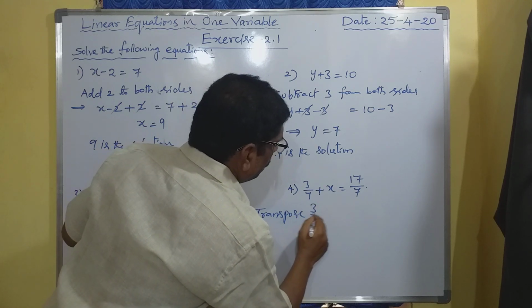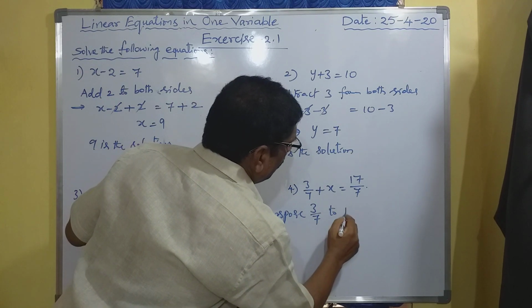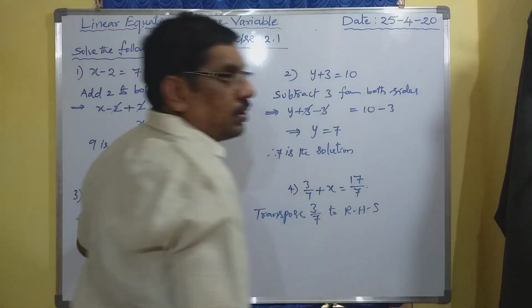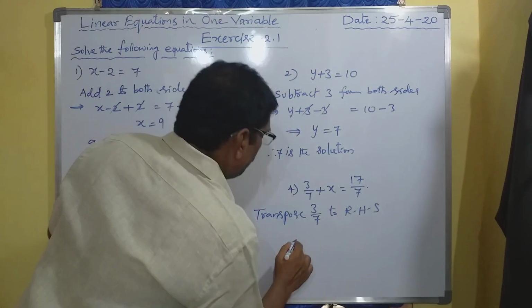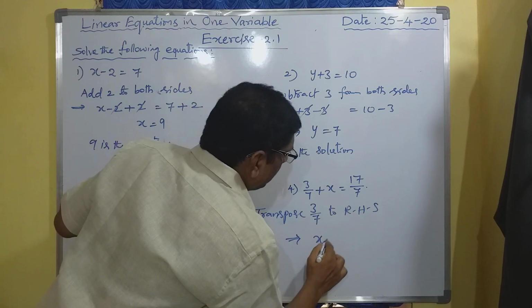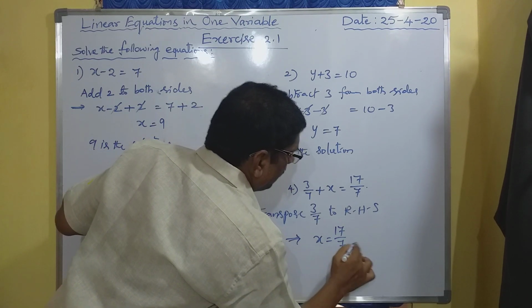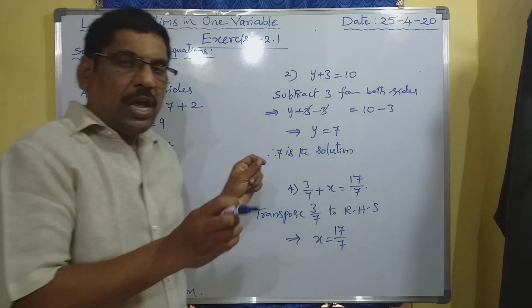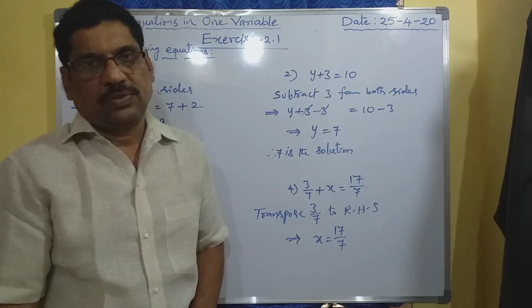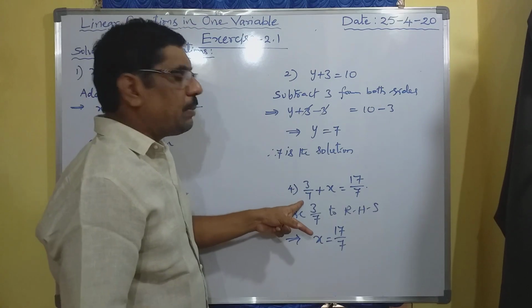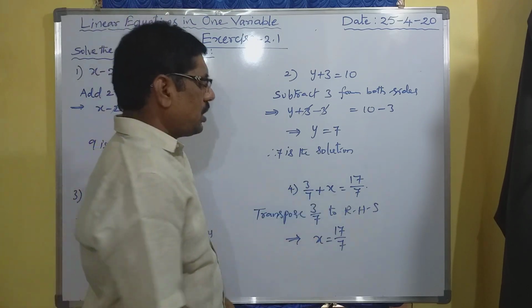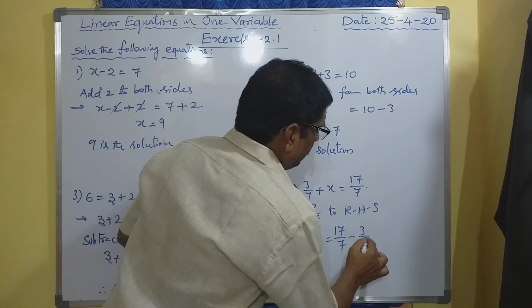What we have to transpose? Transpose 3 by 7 to RHS. Means we need to send it to the right hand side. Then what will we get? This implies x is equal to 17 by 7. If you transpose any term from LHS to RHS, its sign will be changed. Now here plus 3 by 7, if it goes to the RHS, it will become minus 3 by 7.